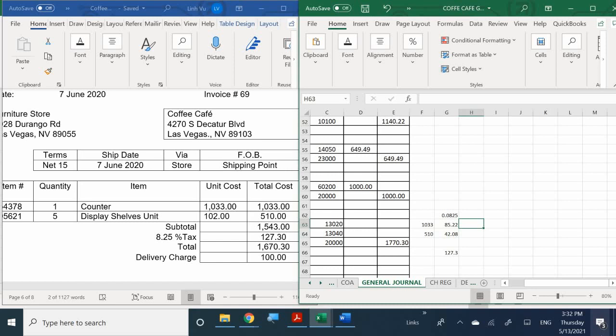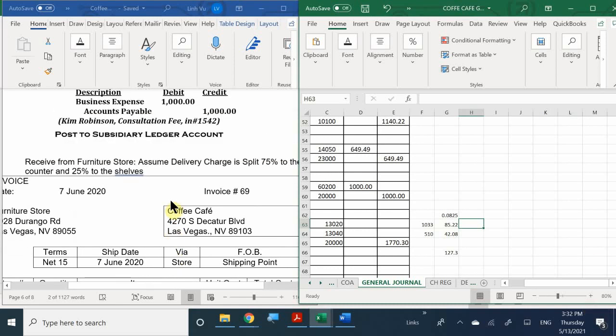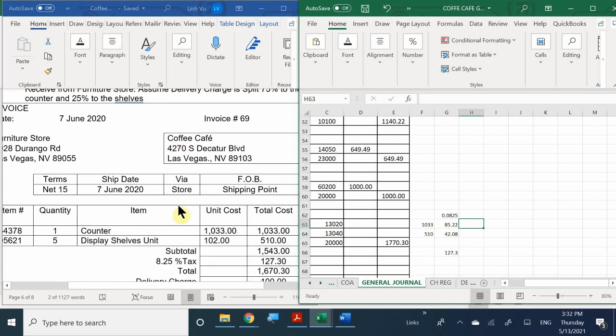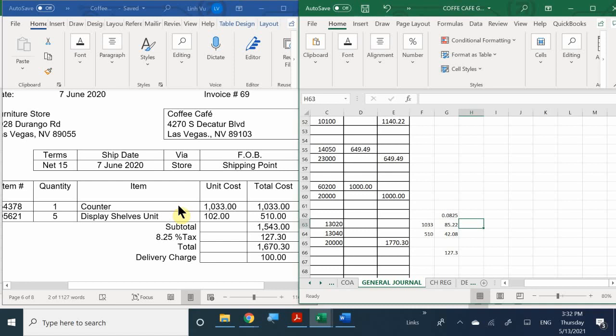The counter is going to be a lot heavier and harder to move. Exactly. So in this case, because I'm the accountant, I can say I want 75% of the shipping cost to be dedicated to the counter, and then the rest, 25%, is going to go to the shelves.